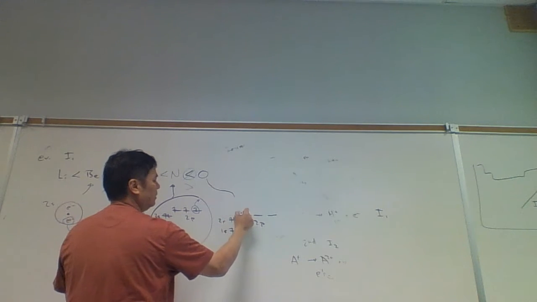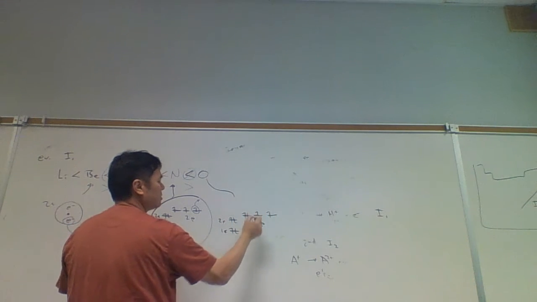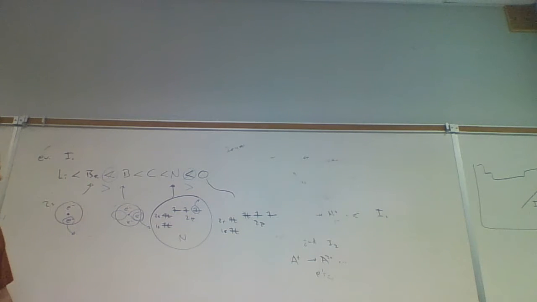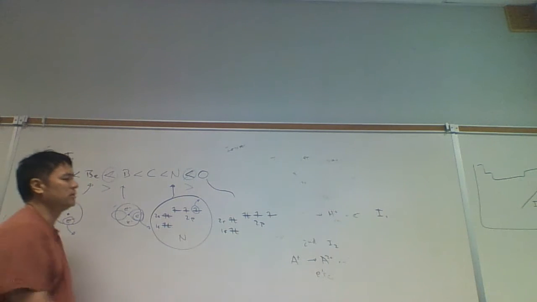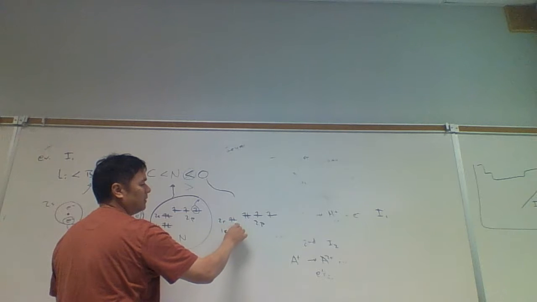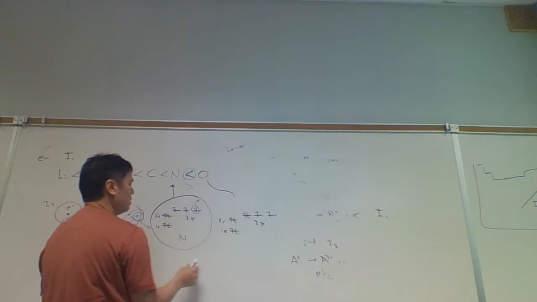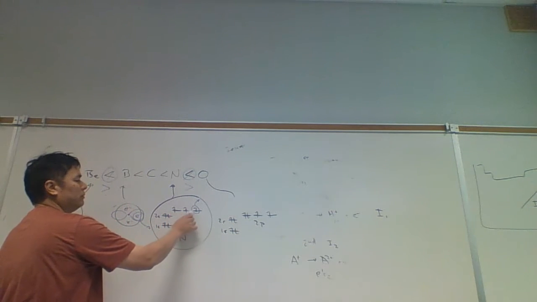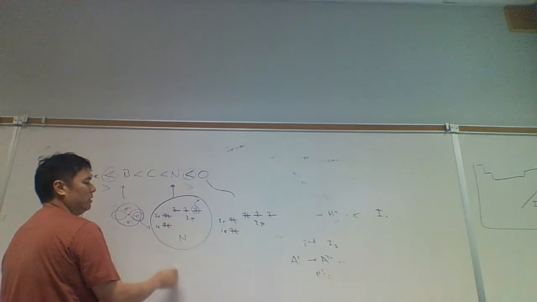And it looks a little bit different. When we go to oxygen, this is what it looks like. In the valence shell, which is the outermost shell with 2s, 2p, we have 2, 4, 6 electrons, whereas nitrogen only has 2, 4, 5 electrons in the valence shell. Plus 2 core electrons.